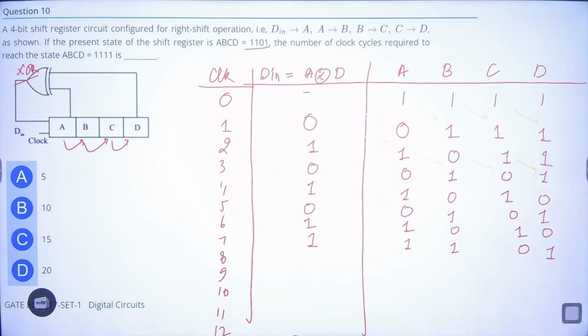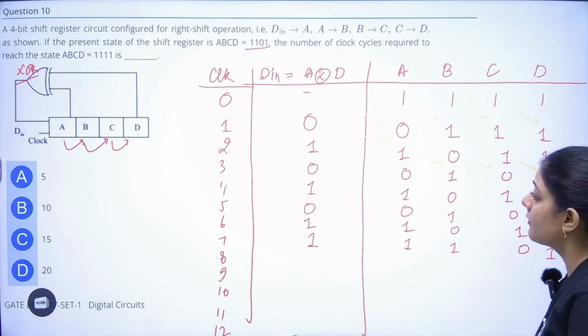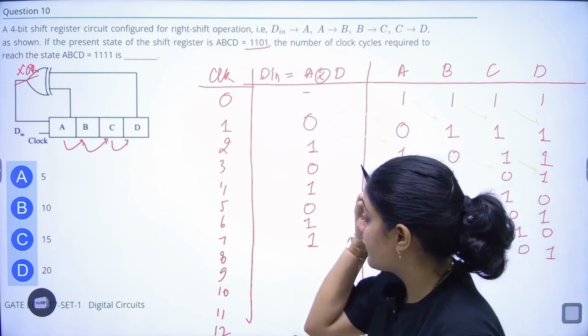Okay, we got this. After how many clock pulses? There is some mistake, I guess, because it is not matching our options. It is either 5, 10, 15, 20.